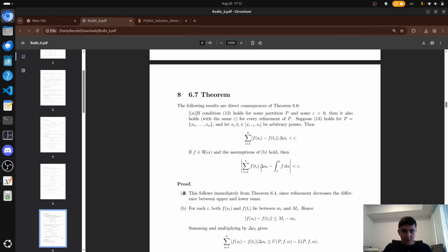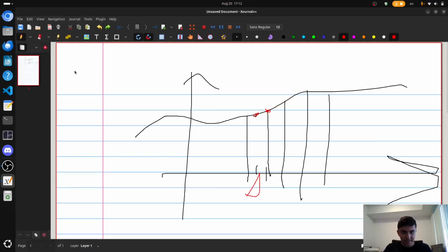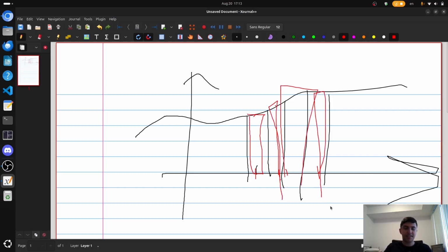And the third part of the theorem says that when you take any point, let me draw any point between the interval, and you take that corresponding y value, and you take rectangles from these, then this will eventually become the integral itself when you take finer and finer refinements.